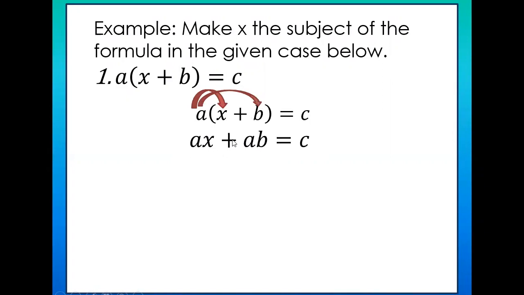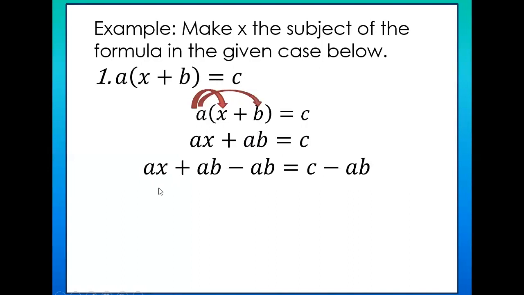And through that, we can use the first rule that I discussed earlier. We have to subtract both sides of the equation by the quantity ab, in order for us to remove ab on this side of the equation, leaving only your ax.